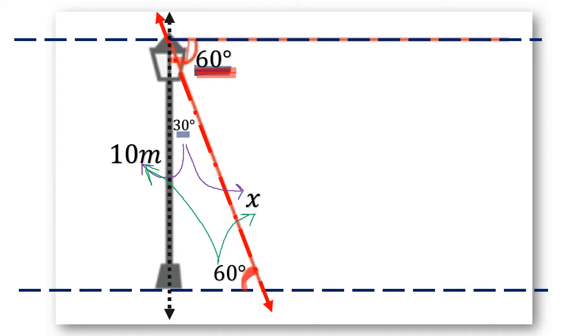So, recalling the formulas for the 6 trigonometric ratios, which one pertains to the use of opposite and hypotenuse? That is the sine ratio or sine function. Therefore, you can now start the solution by writing the formula sine 60 degrees equals opposite divided by hypotenuse.